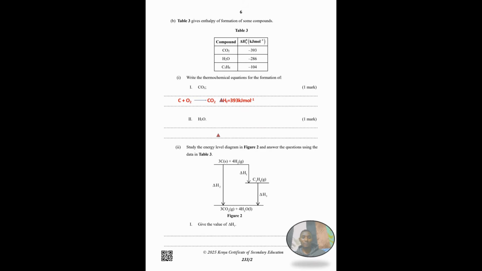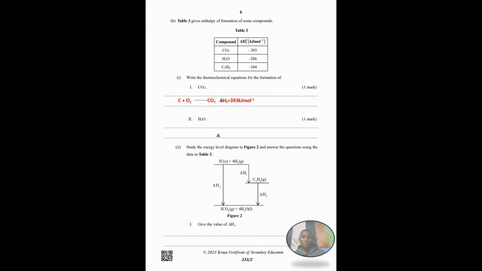So in this case, carbon, which is a solid, plus oxygen, which is a gas, leads to formation of carbon dioxide gas, and the equation is balanced. And for a complete thermochemical equation, we must write the enthalpy change at the end of that equation.